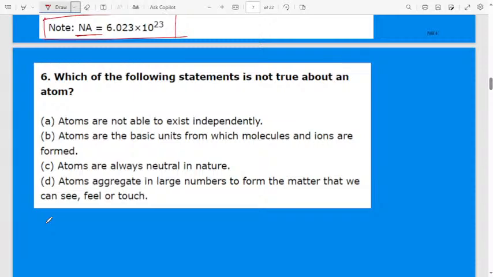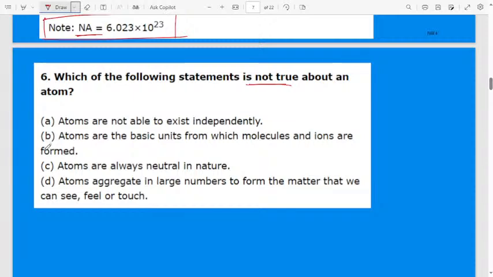Next question. Which of the following statements is not true about an atom? Option A, atoms are not able to exist independently.